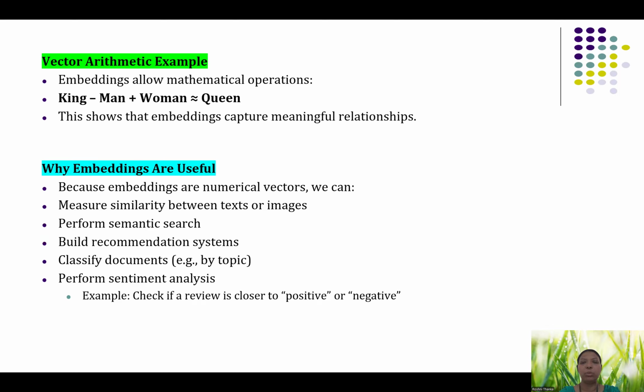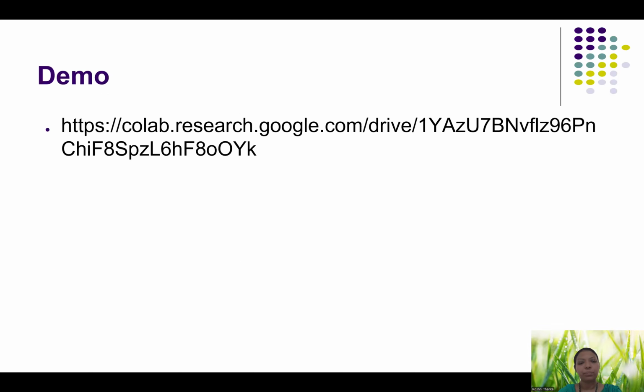It is very useful in fields like recommendation systems, and it also helps us to do document classification and sentiment analysis, which means reviewing phrases to see whether it is a positive comment or a negative comment. This kind of analysis can be done because all the text, or the image, is in numerical format. So doing arithmetic operations and understanding all these things can be easily done.